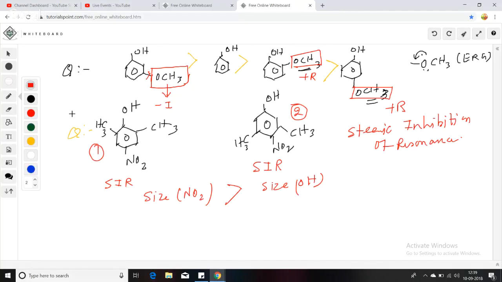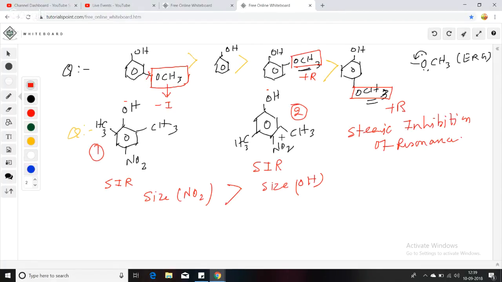Suppose I put the negative charge here to make you understand: when you remove H plus, we'll have a negative charge here and here. When this negative charge is resonance stabilized, the removal of H plus will be fine, because the anion is getting stable through resonance.